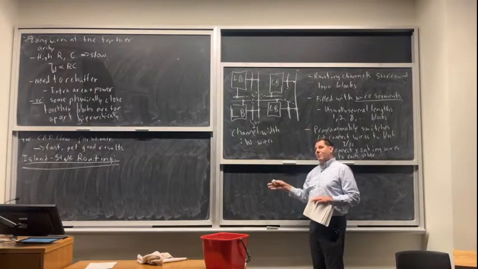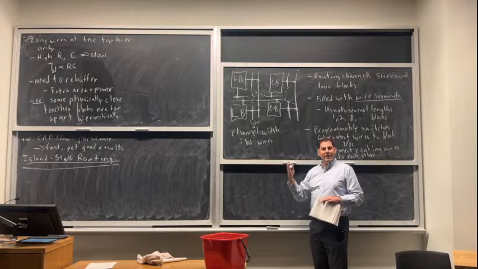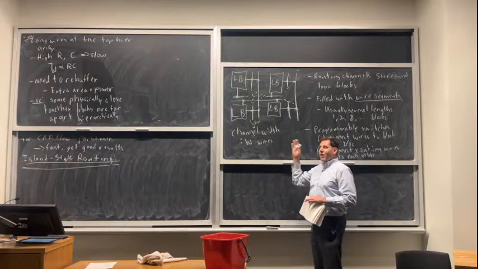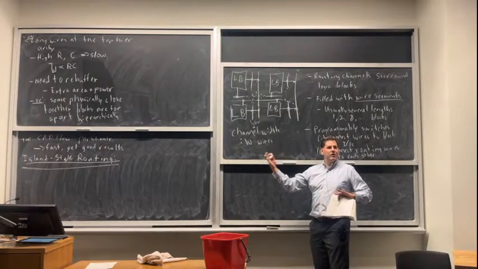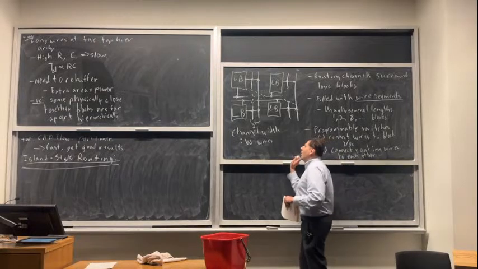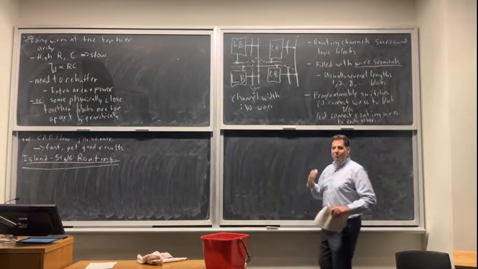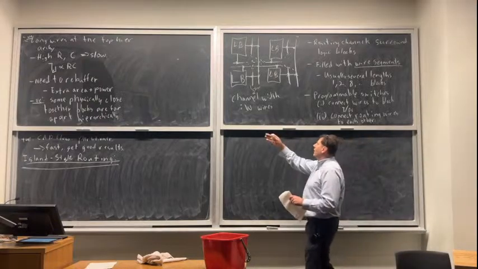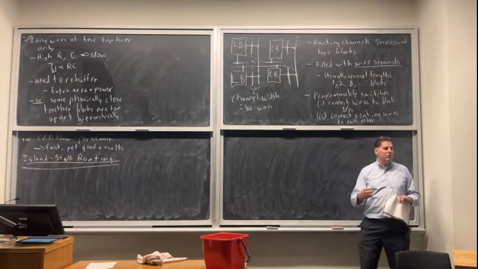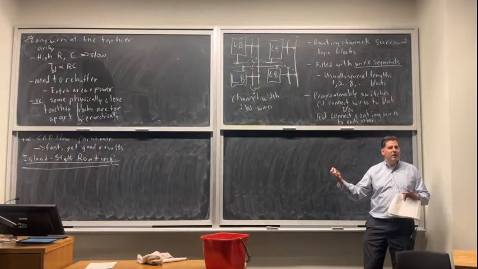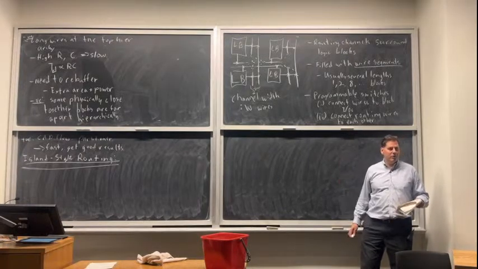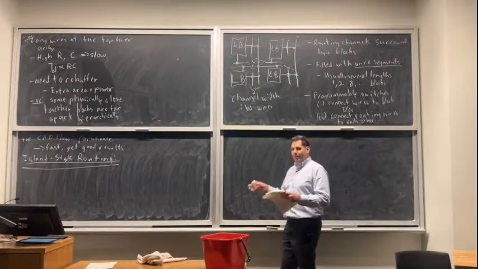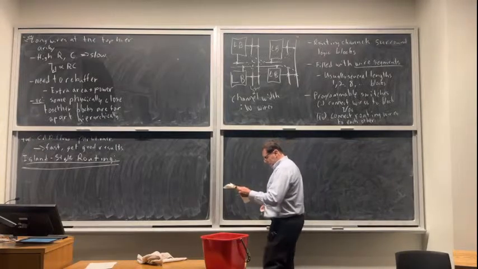If those programmable switches include a buffer, an inverter, then I'm going to stop them from building up resistance and getting really slow. So I can avoid building really long, slow wires that are problematic. I can still get all the way across the chip when I need to by connecting up the wires using programmable switches. So I've got more options.